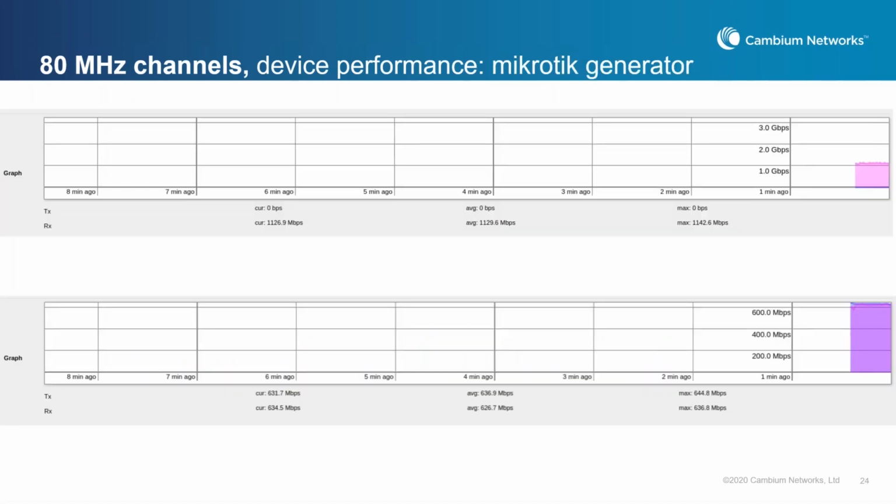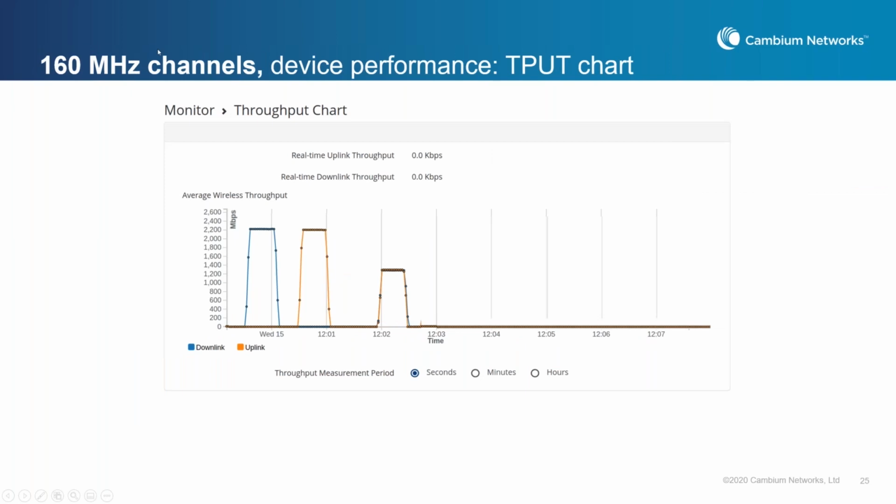And then last but not least, the most exciting one, at 160 meg channel, you're getting almost 2.2 in downlink and 2.2 in uplink. Again, this is more or less the ePTP mode, so it's still a point-to-point product. But the key takeaway from sharing this with everybody is that you are seeing 160 meg channel operation with 4096 QAM hitting the 2.2 gig type throughput.